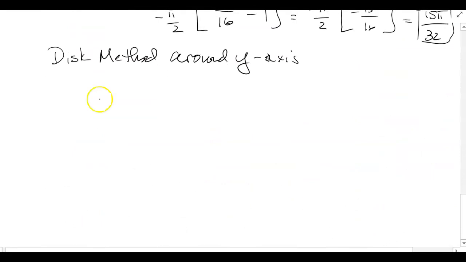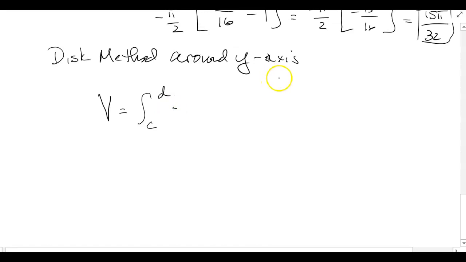The difference is the volume is now equal to, we're going to change it to c and d. And instead of using an f of x, let's use a p of y, and it wouldn't be of x.